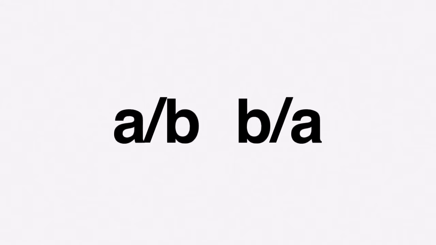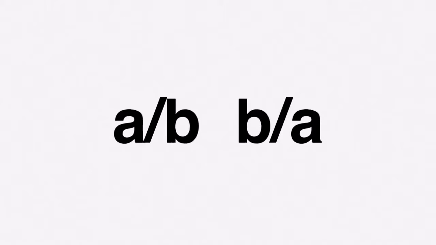Another way that we can say the multiplicative inverse without using numbers is to use variables, or letters that symbolize any value. So if we have some value, and let's call it a, and another value b, and we set up a fraction like this, a over b, then its inverse would be b over a. You see how I switched the numerator and denominator.